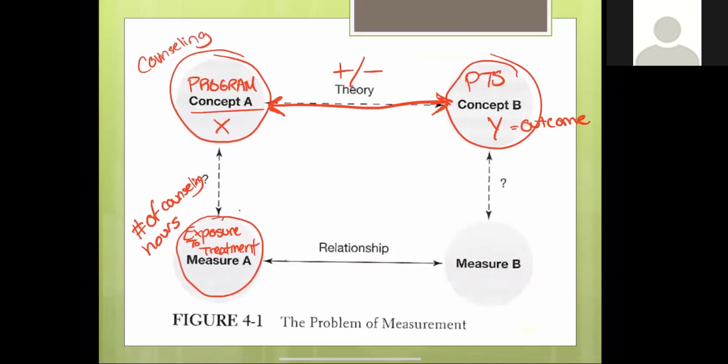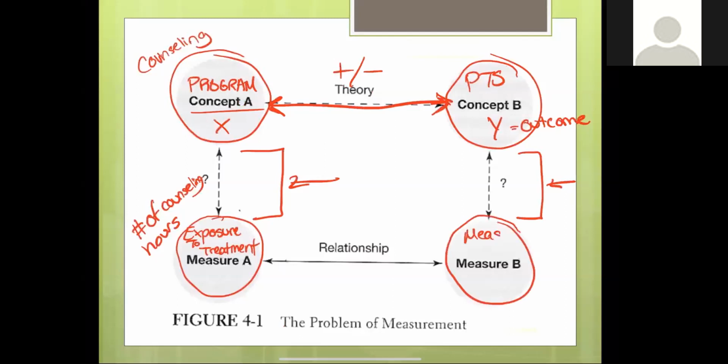Levels, right? When we measure, this is what we're doing. We are putting on paper an operationalized relationship, and what ends up happening is that we're not actually analyzing post-traumatic stress. What we are doing is looking at a measure of post-traumatic stress.